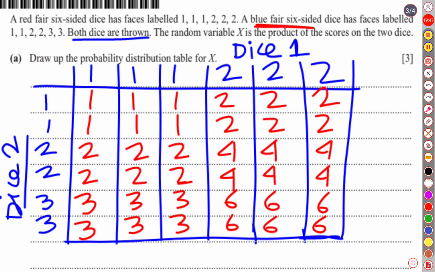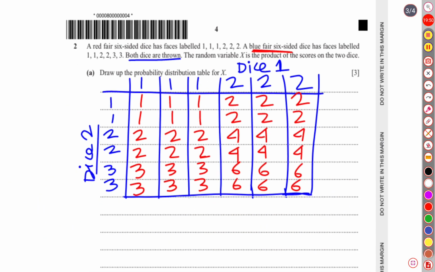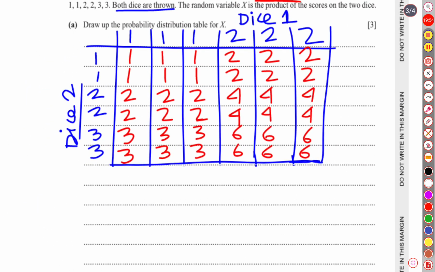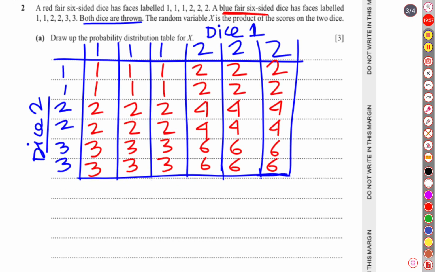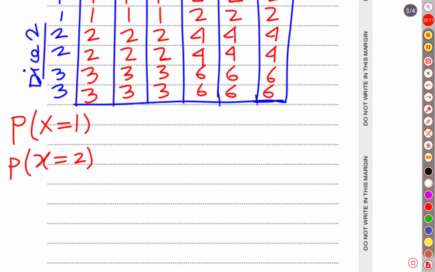Now we will write the probability. We write the probability when X is equal to 1, the minimum score, then the probability when the score is 2, then the probability when X is 3, then when X is 4, and the last one is 6.